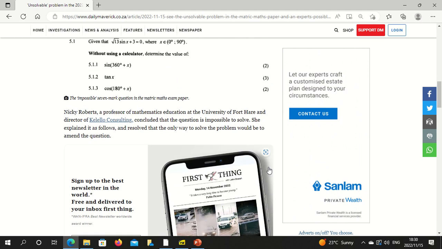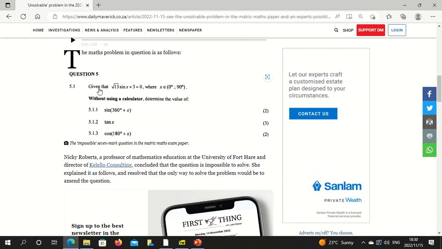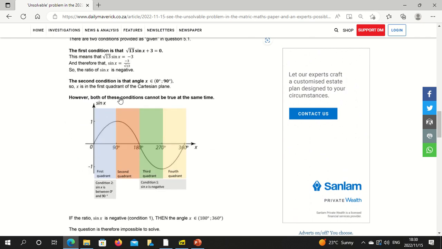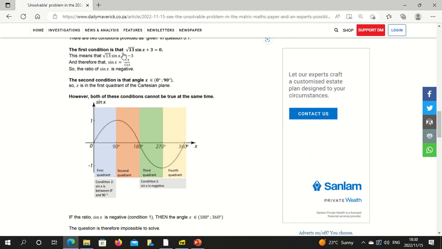So the issue is that there is apparently inconsistent or contradictory information at first glance. So that could be a possible issue. There is a professor, and they say that the first condition, which is this expression, requires that sine be negative.